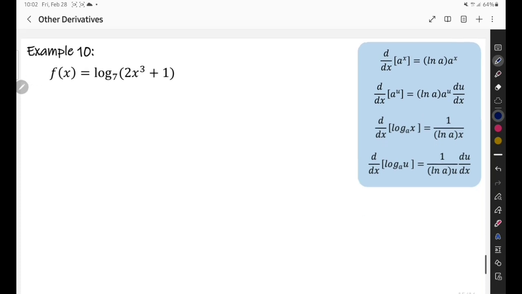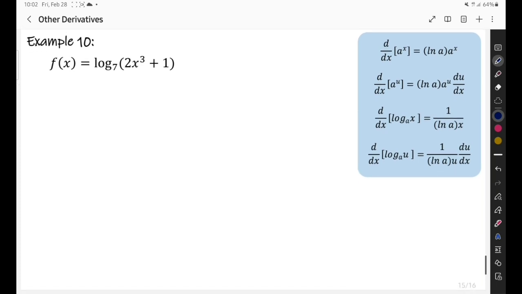Alright, so for our last example, the log of 2x cubed plus 1 with base 7. Okay, in this case, this is our a, and this is our u. So our a is equal to 7, our u is equal to 2x cubed plus 1, and our u prime is equal to 6x squared.